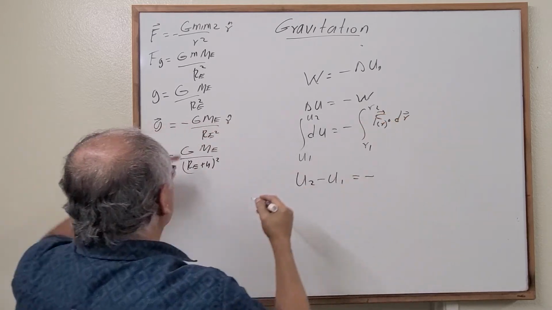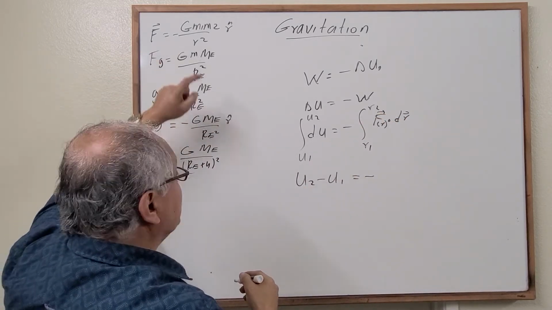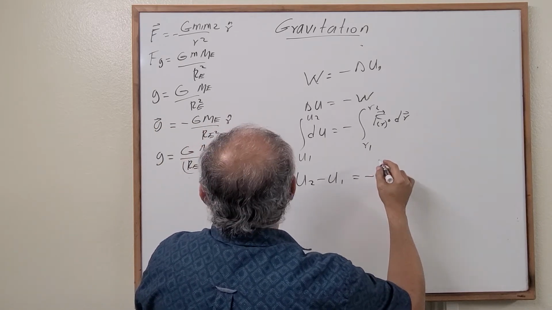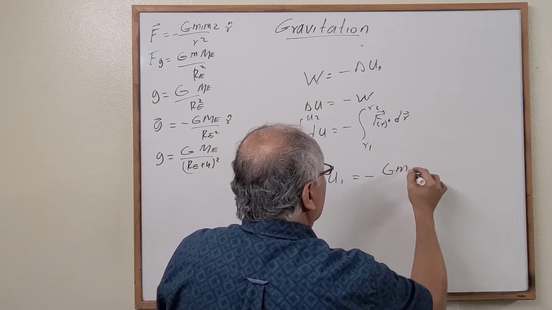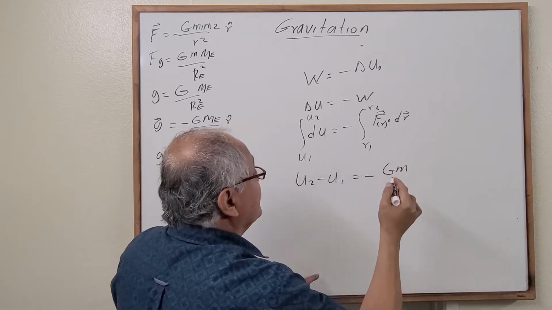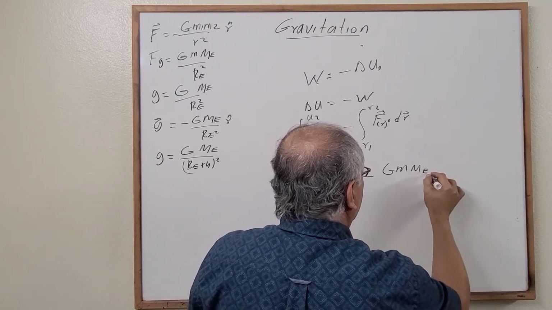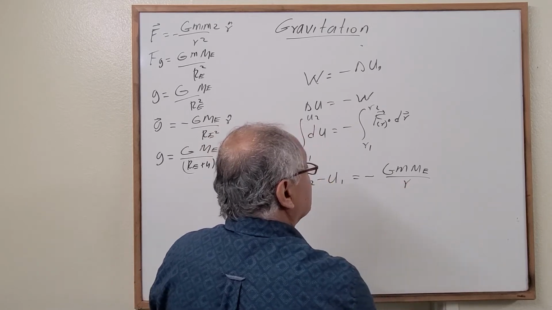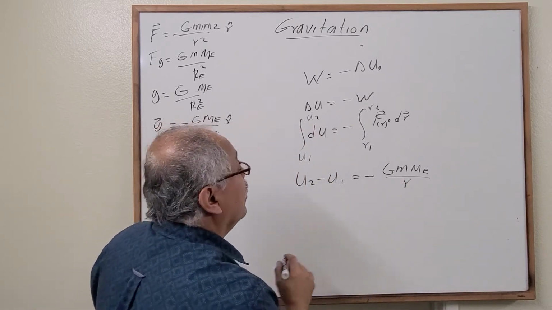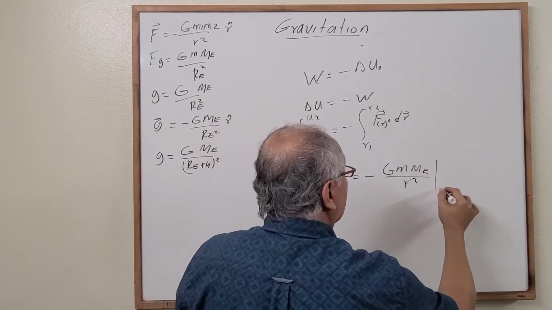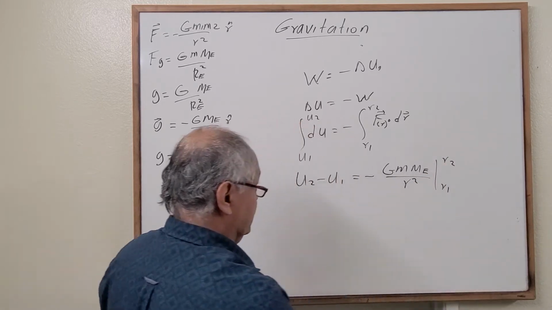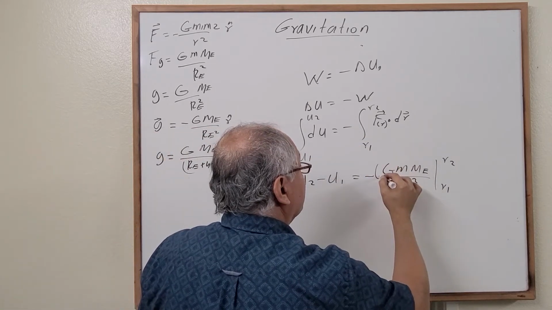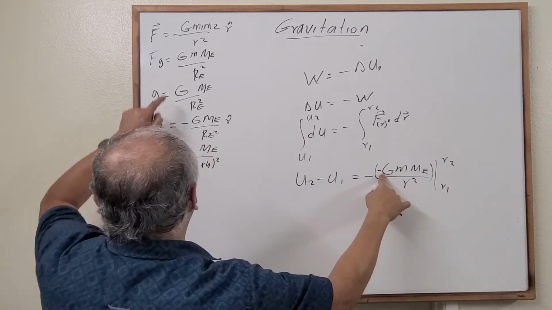The force acting right here is equal to G times the mass of the Earth, divided by r squared, from R1 to R2. But this is negative, the force is negative.